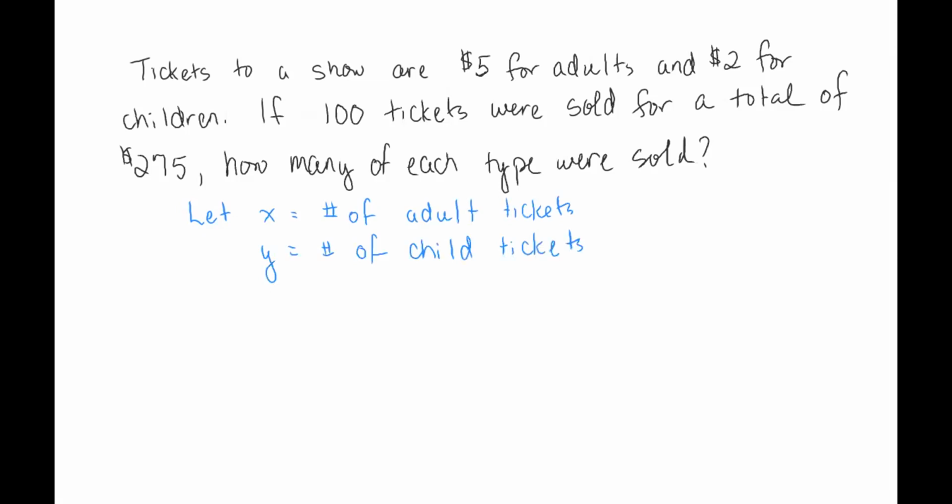Now, since we have two variables, we're going to have to come up with two equations. Essentially, we're going to have one equation that relates to the number of tickets, and a second equation that relates to the total amount of money, the $275. So can you guys come up with one equation for X and Y that goes with the 100 tickets?